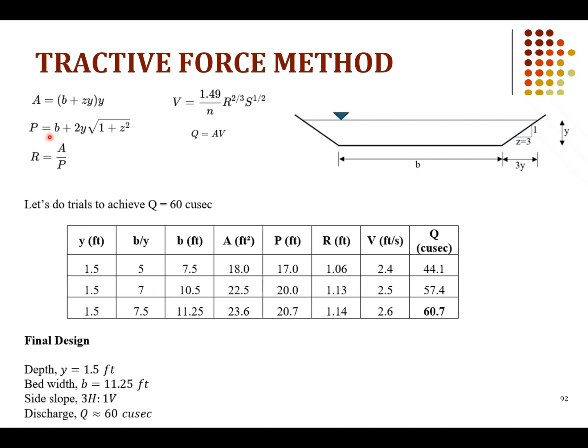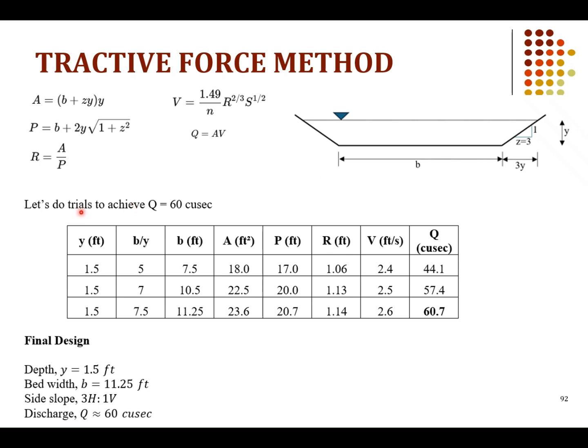Hydraulic radius is area over the perimeter. Velocity from the Manning's equation, it is in FPS unit, and then Q equals AV. It's like a flow chart basically. And remember that this Z is basically this 3, so 1:3 is the side slope, 3 is horizontal, and this Z equals 3.